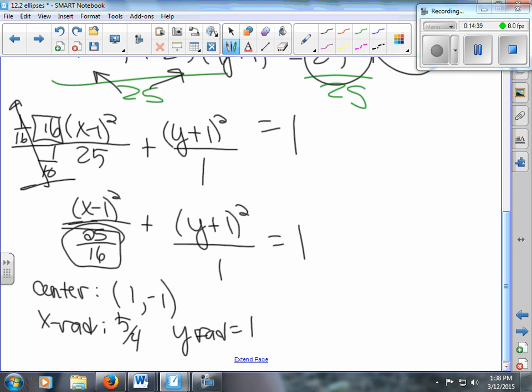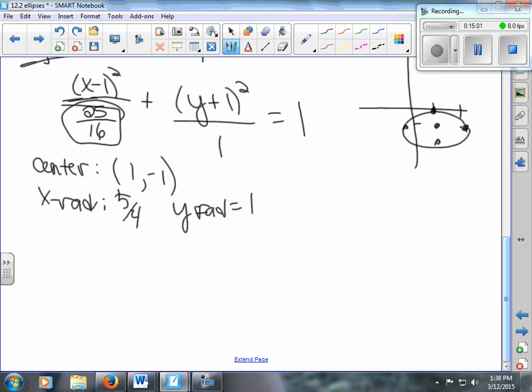Okay, and let me sketch a graph. 1, negative 1, x radius 1 1/4, y radius 1. And so you can see I have a horizontal ellipse here because the x radius is longer than the y radius. So let's go ahead and say the vertices.